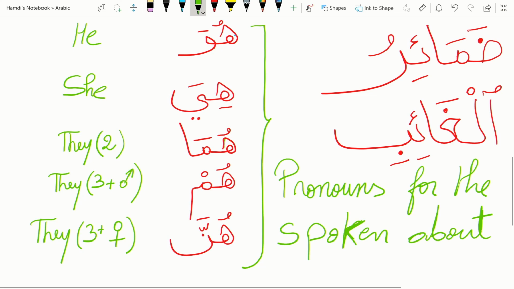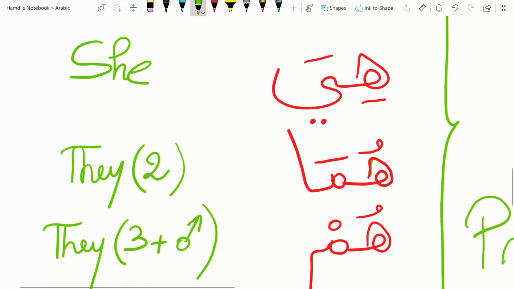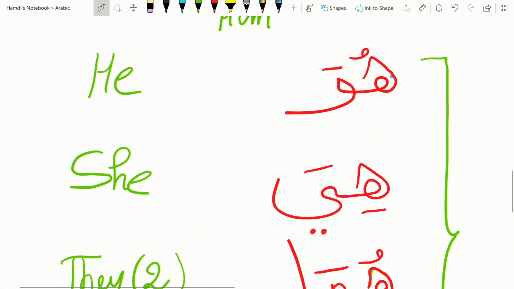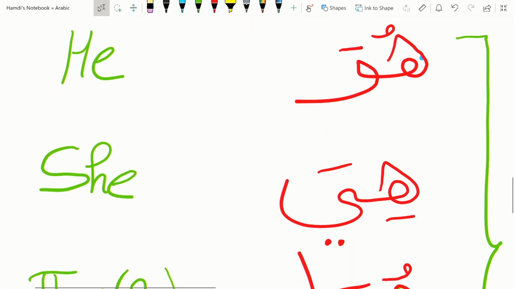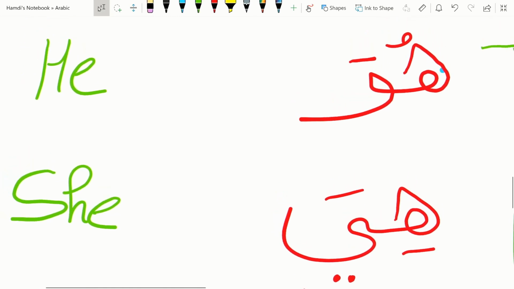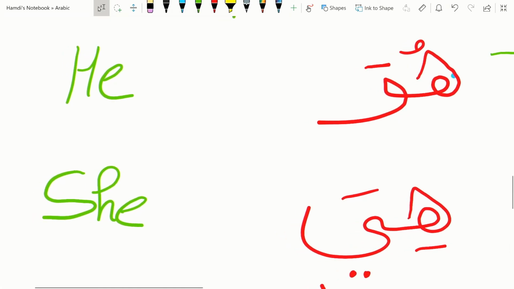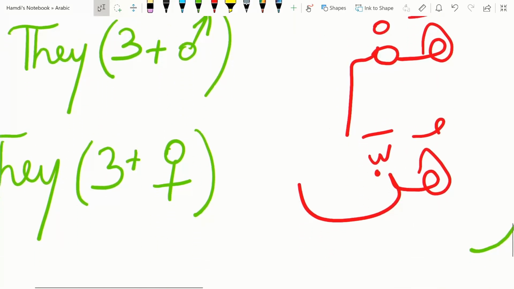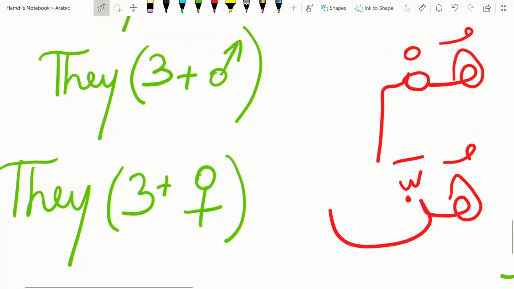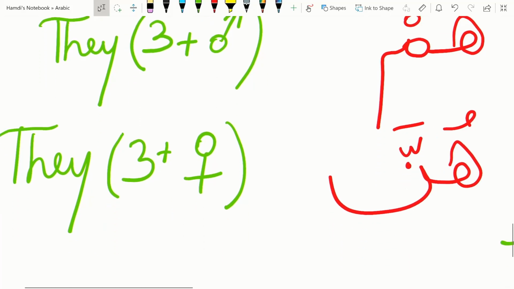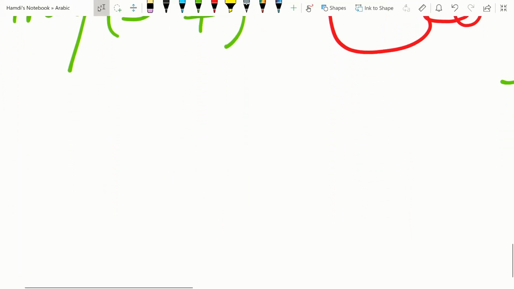To continue the same idea with الضمائر المنفصلة.